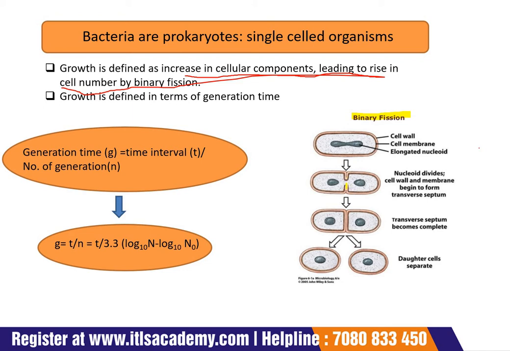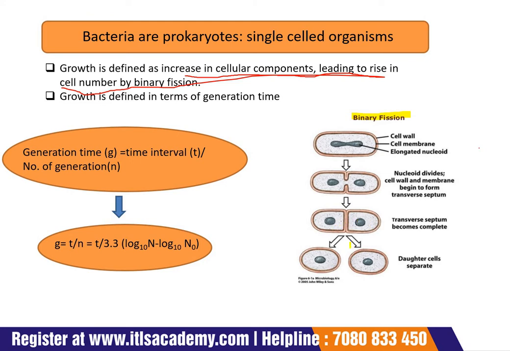So after the complete formation of the septum through the cell center, we can see that it becomes two different cells, meaning the transverse septum becomes complete, where it can be seen that the cell is going to divide.